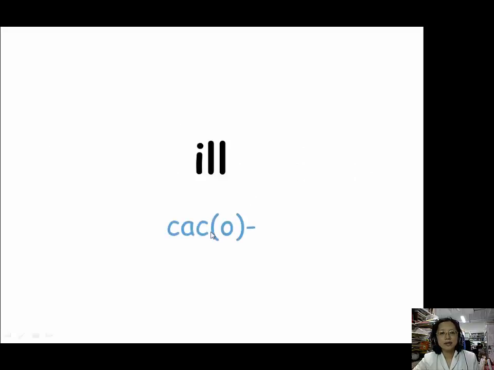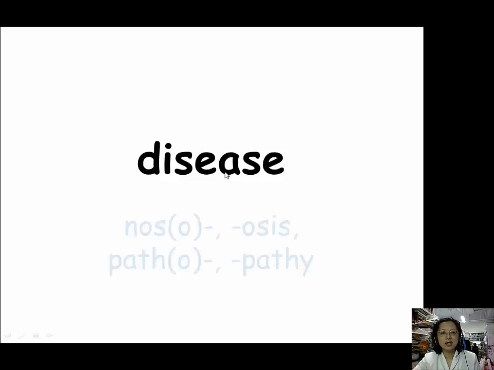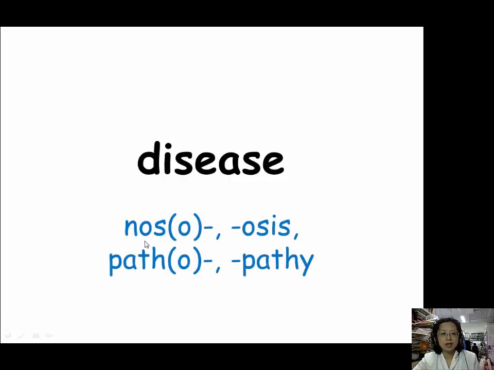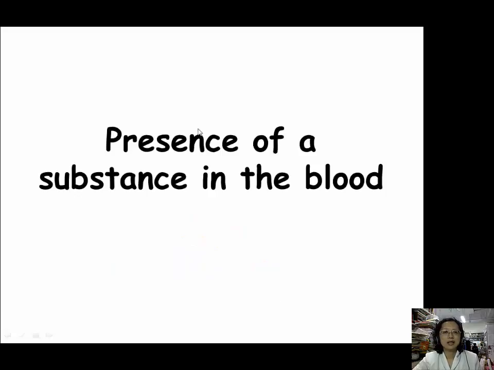For ill, we have the prefix caco, C-A-C-O. For disease, we have two prefixes, noso, N-O-S-O, and patho, P-A-T-H-O, and also two suffixes, osis, O-S-I-S, or pathy, P-A-T-H-Y.